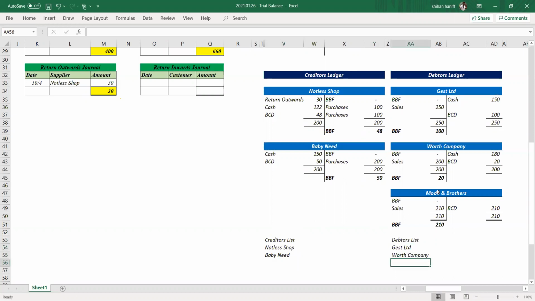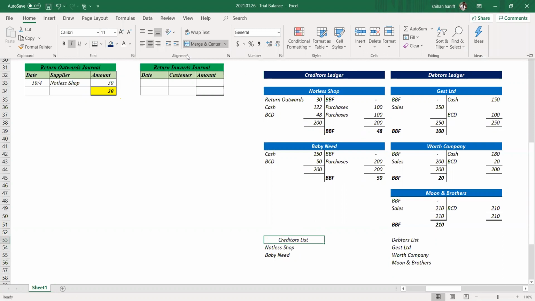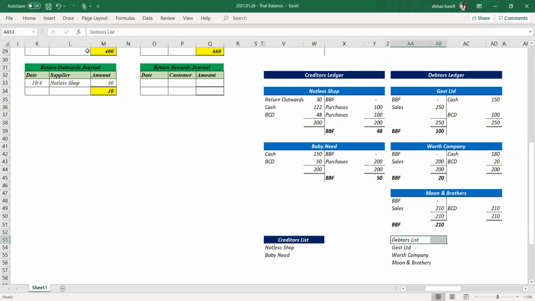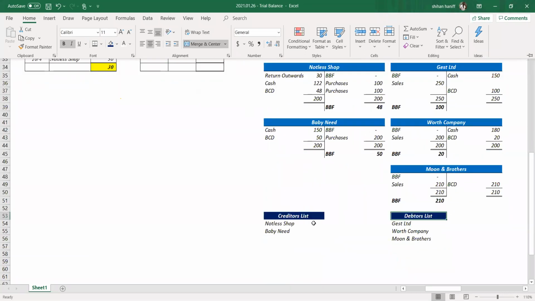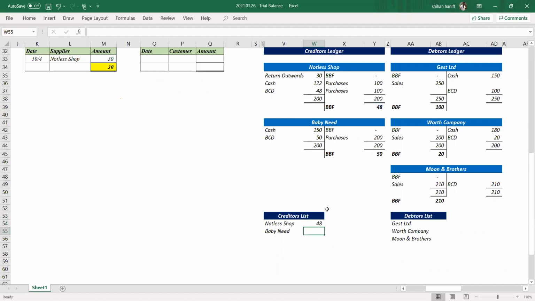Guest Limited, Work Company, Moon. 48 and 50, 100, 20, 210.